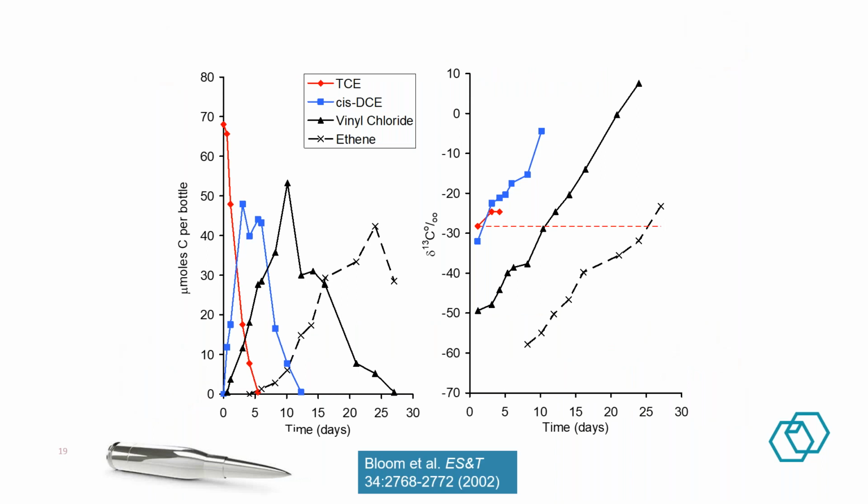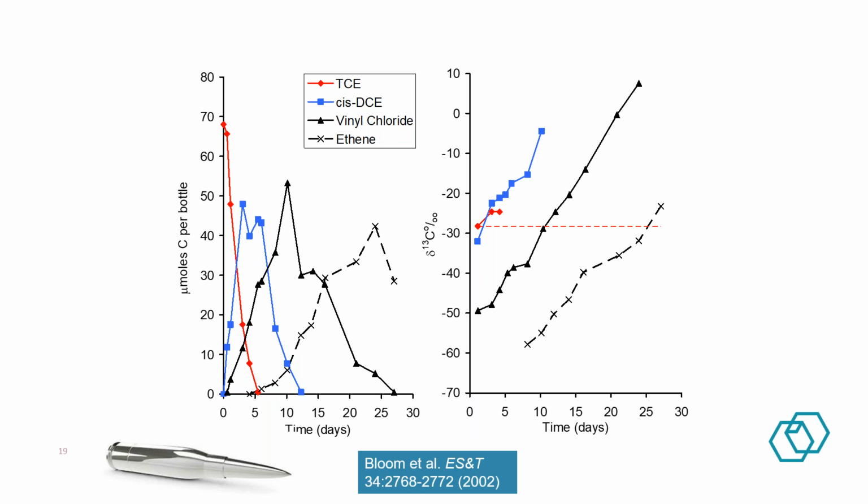So if we look here, this slide shows the degradation via reductive dechlorination of TCE. On the left is what we observe using concentration and metabolic product analysis. So the TCE concentration goes down. In fact, this is real.